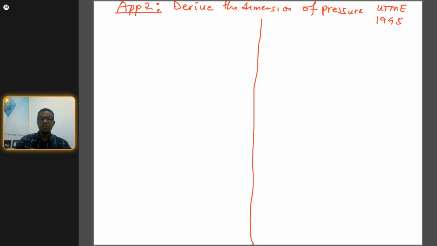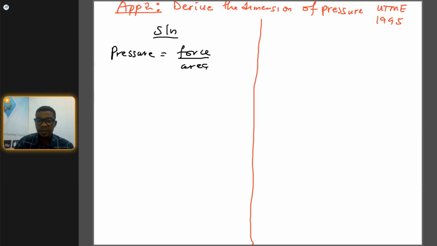So we are asked to derive the dimension of what? Pressure. Solution. From the same picture I sent to you, if you check carefully, you will see that pressure equals force over area. Pressure equals force over area.